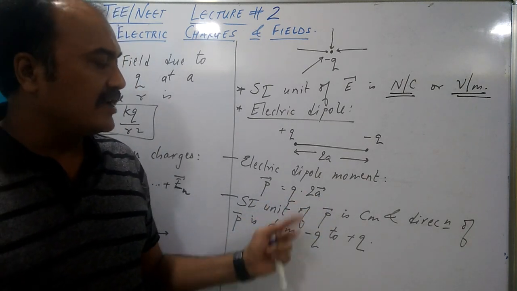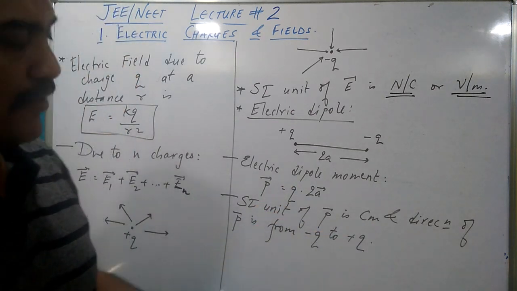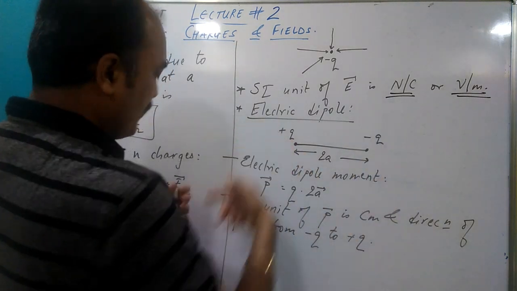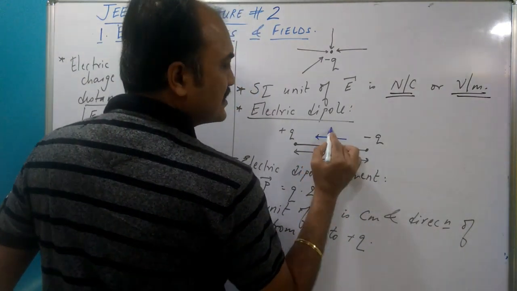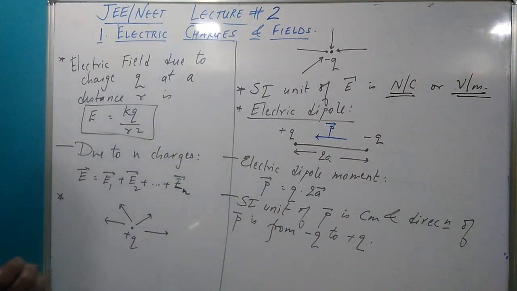You can see it is a vector. The SI unit of P bar is Coulomb meter and the direction of P bar is from minus Q to plus Q. So in this diagram, P bar goes from minus Q to plus Q. Let me represent it. This is the direction of P bar, which is minus Q to plus Q. So this is the idea entirely.